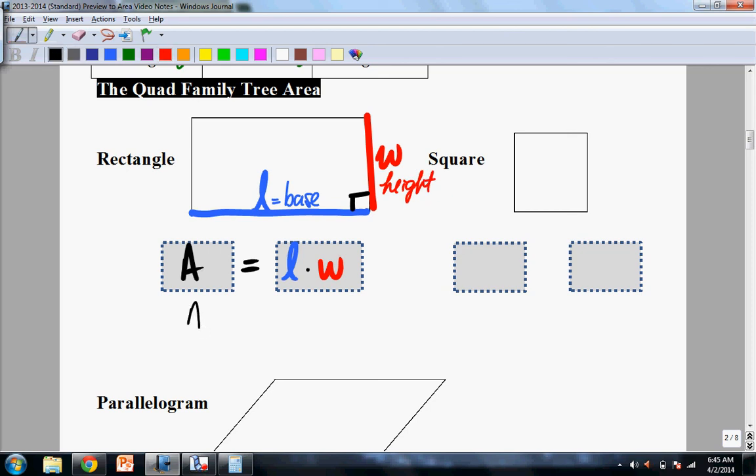So another way of saying area of a rectangle would be area equals base times height. Whenever you see that word height, make a little note there. There is always a right angle. Wherever you see that word height, there is always a right angle.